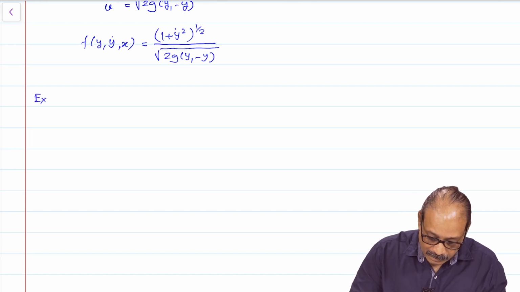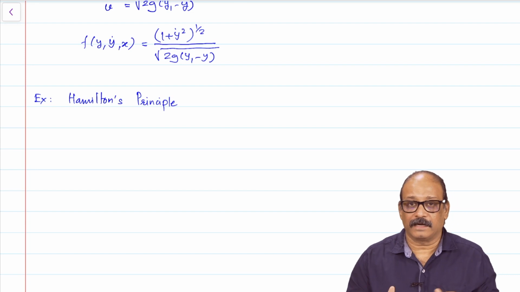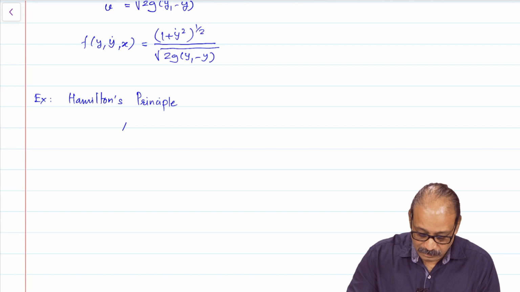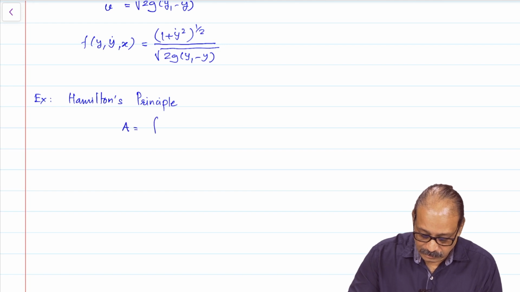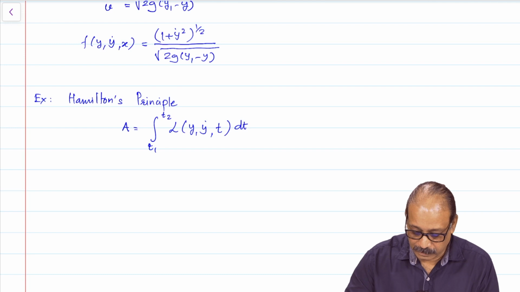And lastly, among the class of these problems, we already have Hamilton's principle. So, Hamilton's statement is in fact exactly in the form of a functional. Here the action is already defined as the integral from t1 to t2 of the Lagrangian, which depends on y, y dot and t, dt.